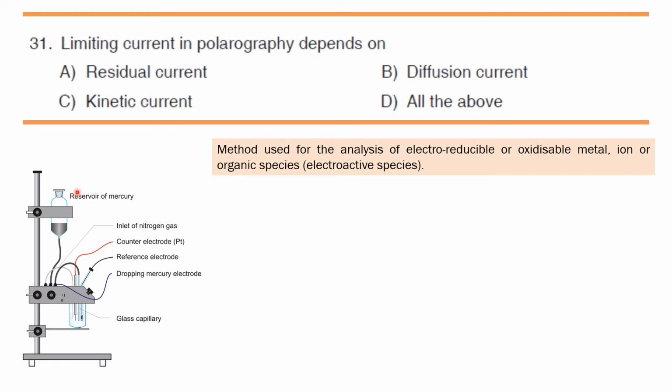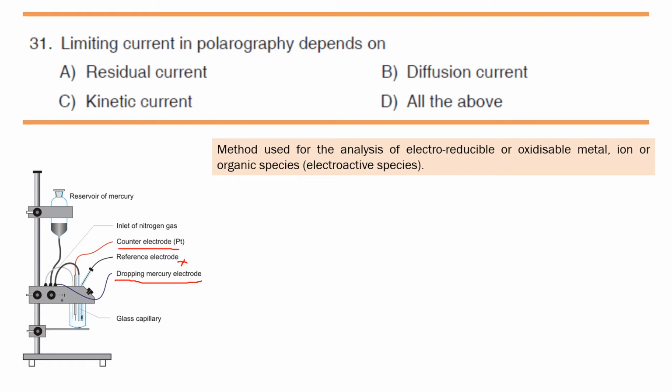Now, when you look at the instrumental setup, the main components of a polarographic setup are a couple of electrodes. Here you can see the dropping mercury electrode, and here you can see a counter electrode. Reference electrode is not always required.